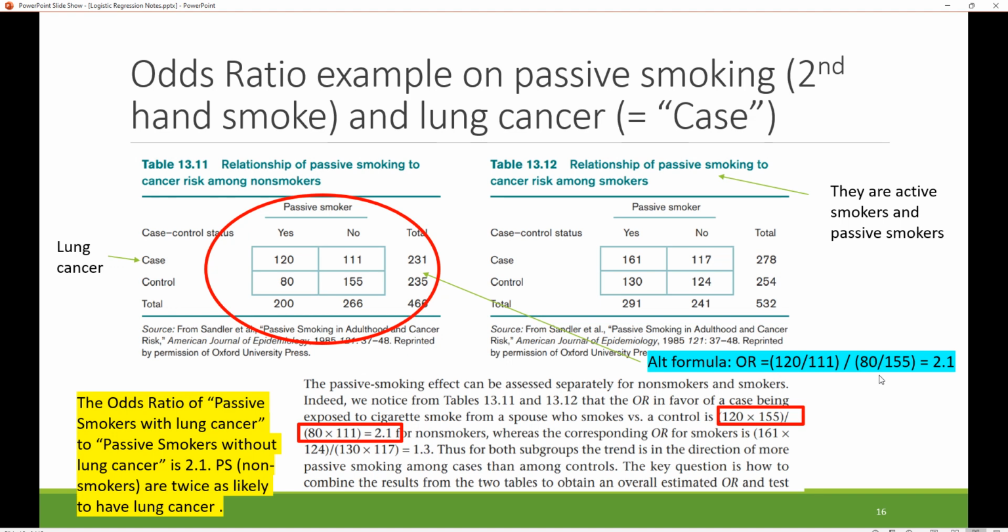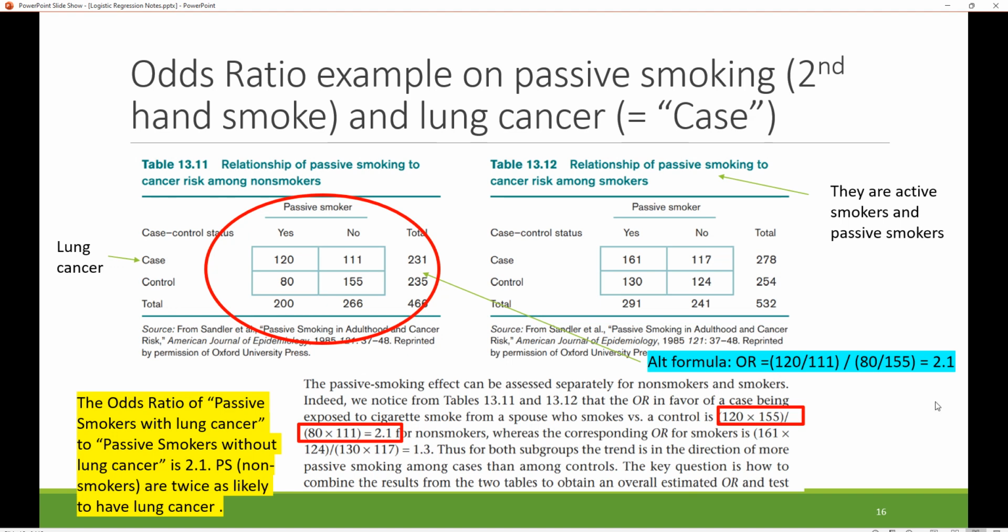And then we would divide, naturally, if we're looking at passive smokers who do have lung cancer, that might lead naturally to see, well, what would it be for those that don't have cancer? So you want to see what that comparison or that ratio might look like.